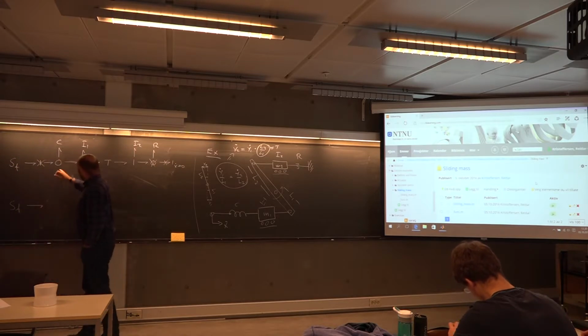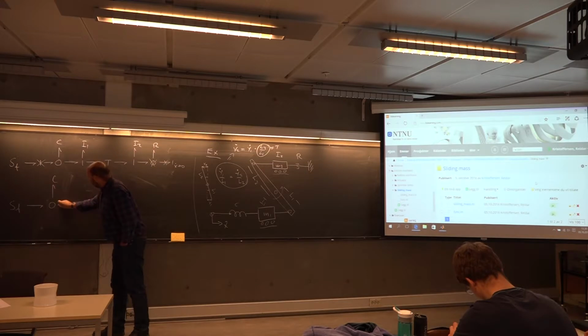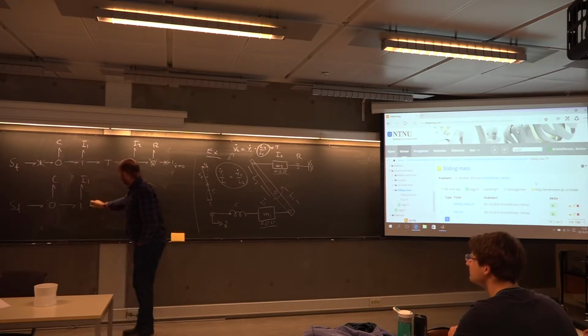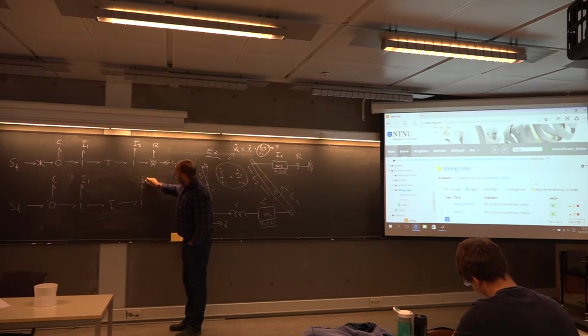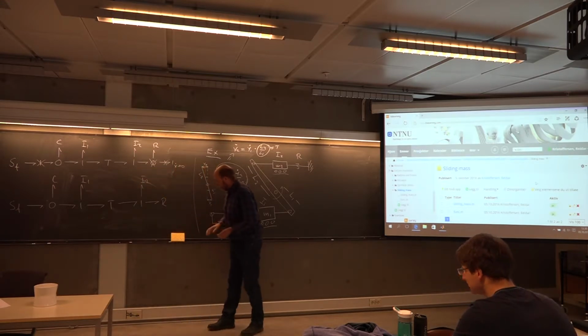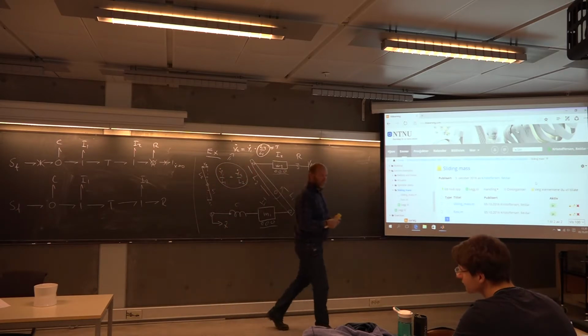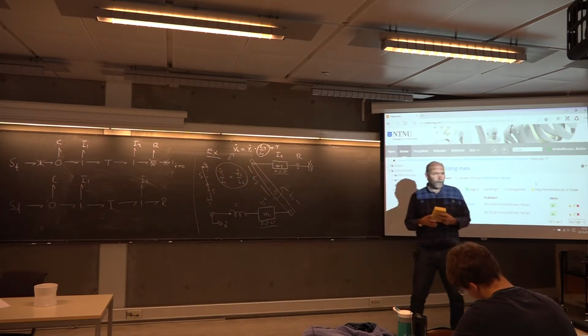SF hits a 0 junction with a C element, continuing to a 1 junction, I1, continuing a transformer, hitting a 1 junction with mass number 2 and a resistance. There we have it. Everybody with me so far?